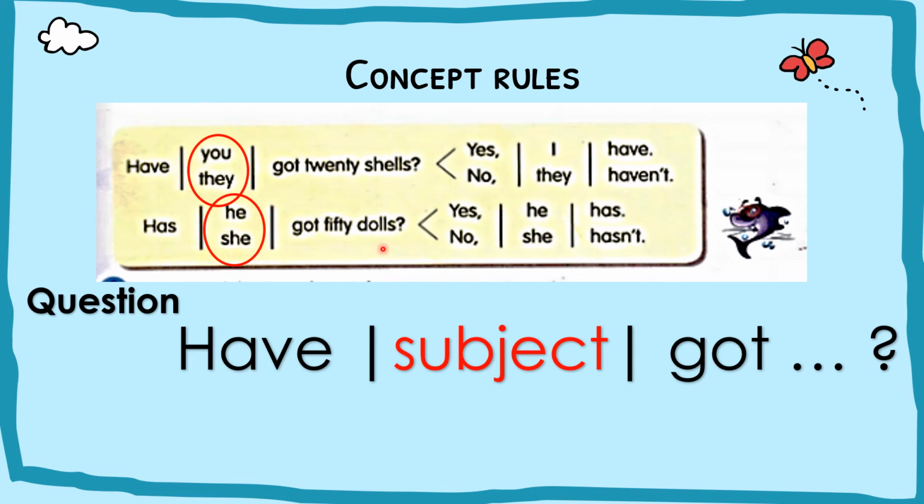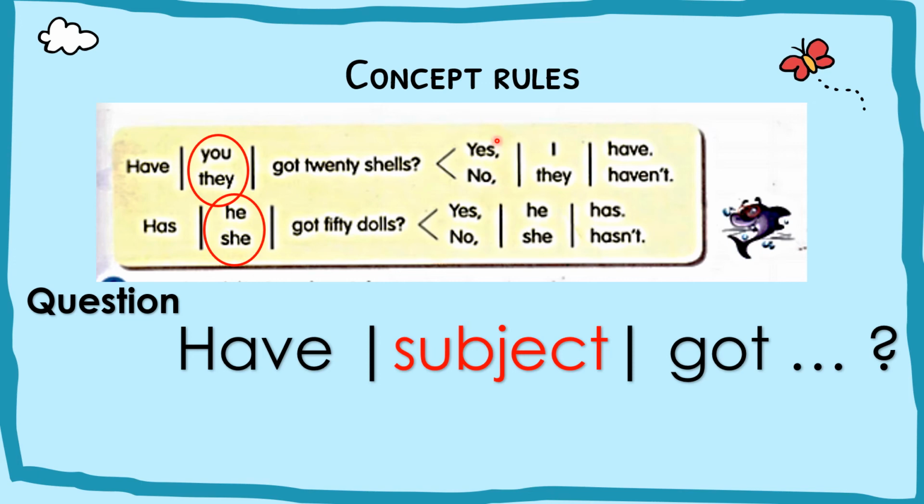But what I want to tell you here is that this kind of have got question is a kind of close-ended question. With a close-ended question, you will accept the answer in yes or no.